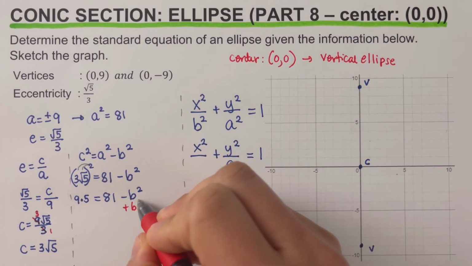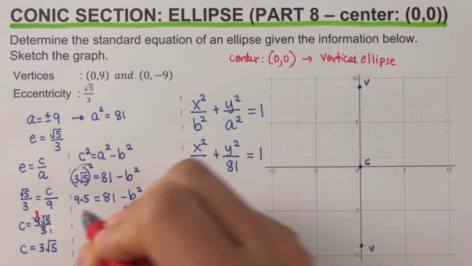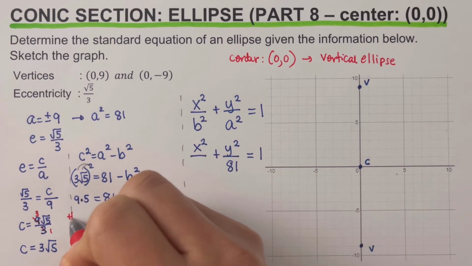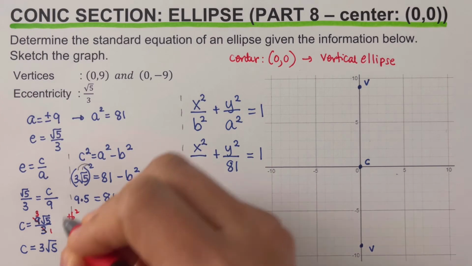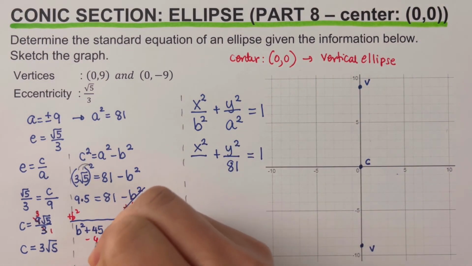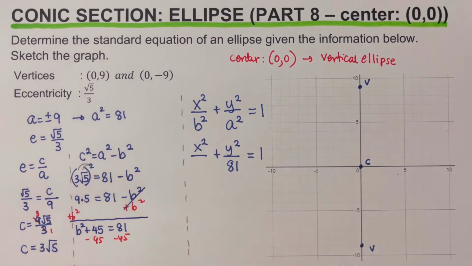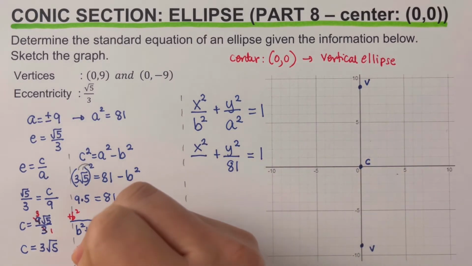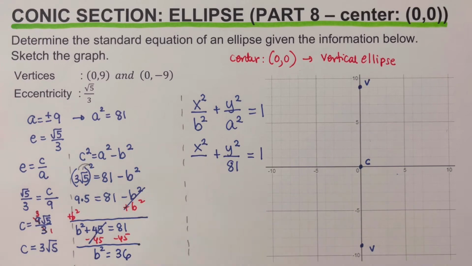So this gives us b squared plus 45 equals 81. Now, others will say, where did you get the 45 from? 9 times 5 is 45. So what I would do is subtract 45 from both sides so that we are able to solve for b squared. So our b squared is 36.